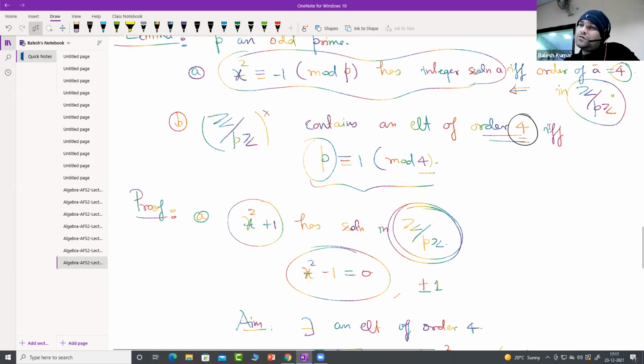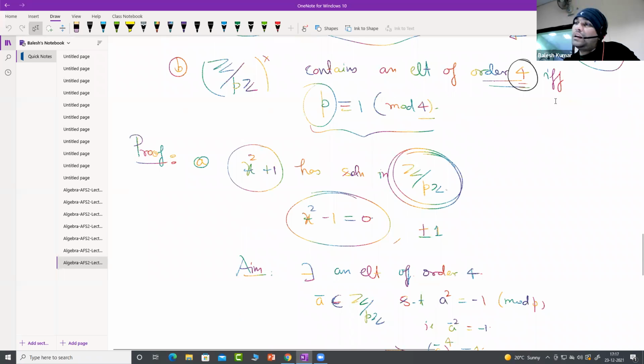If you have an element of order 4, then the order of an element divides the order of the group.